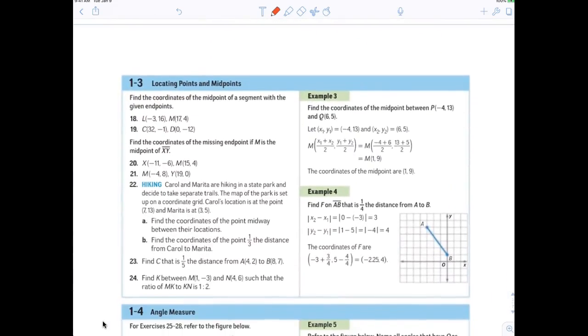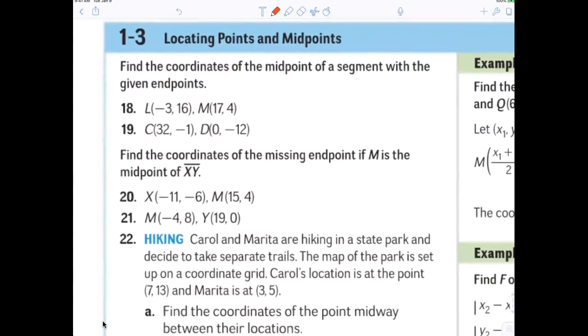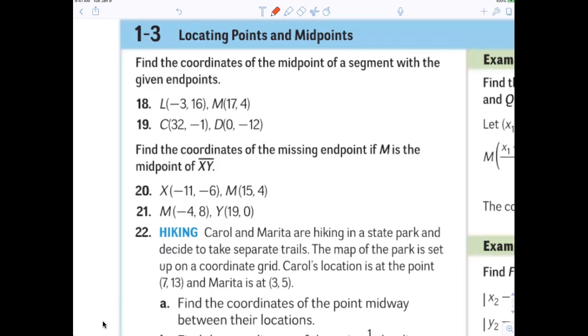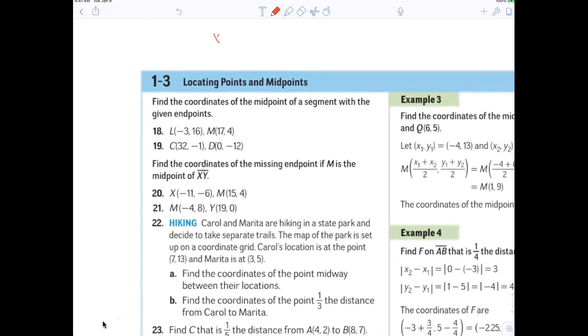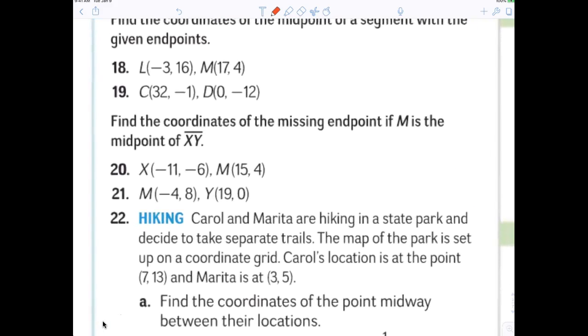All right, here we go. Now, finding the coordinates of the midpoint. So you have to know the midpoint formula. All right. Midpoint formula is the average of the x's, we say, and the average of the y's. Are you okay with that? So 18 should be pretty easy for us.